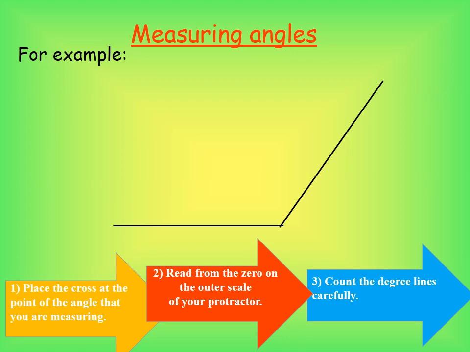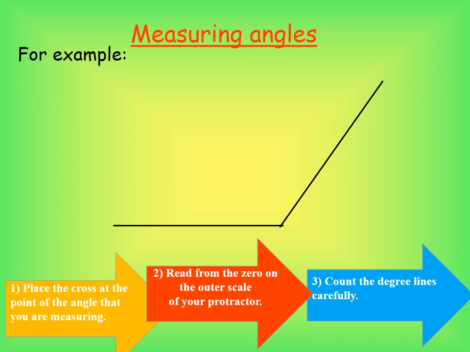So here it will be greater than 90 degrees. Let's estimate it. Yes, this is the 90 degree straight line here, and this is more than 90 degrees. Maybe this is 120, 130, like that. Yes, now let's measure it.